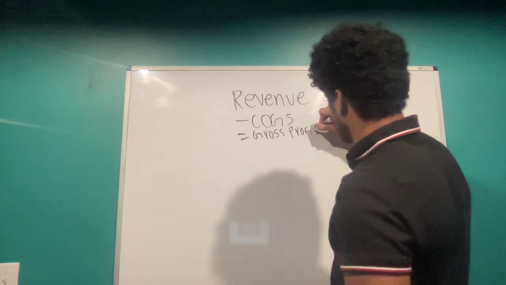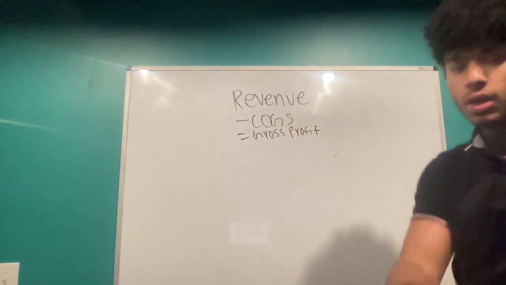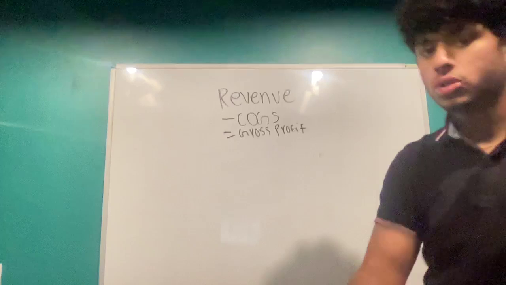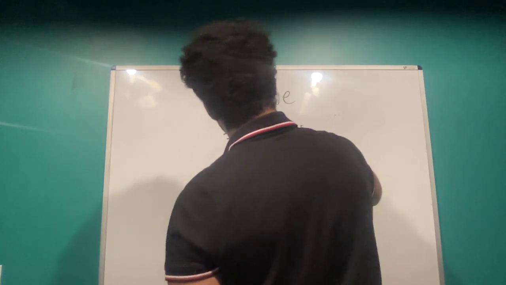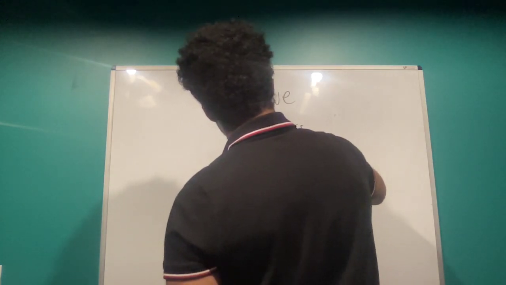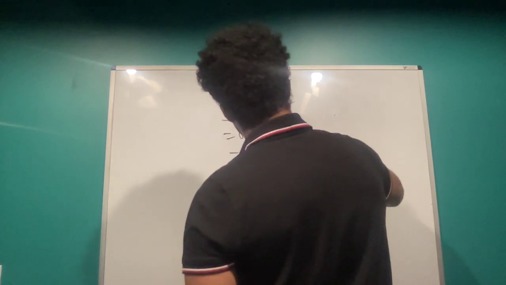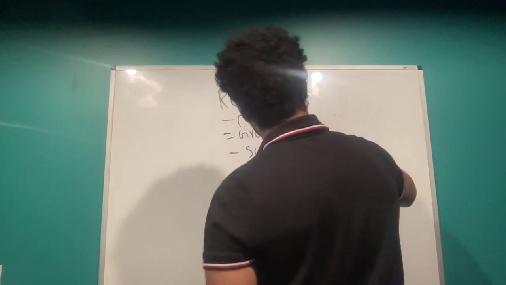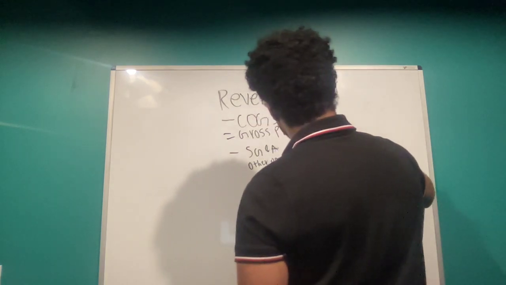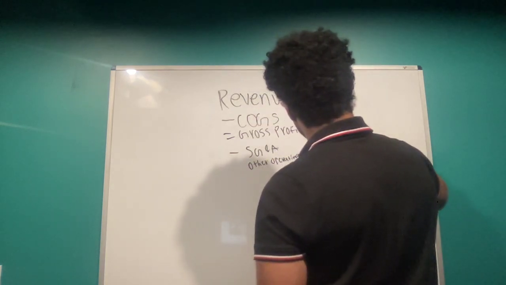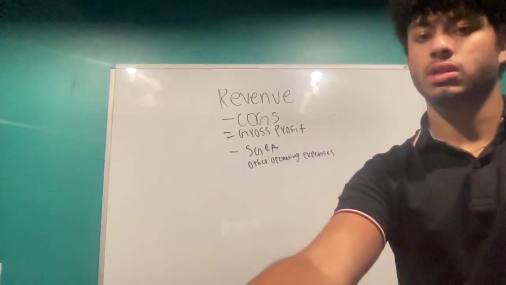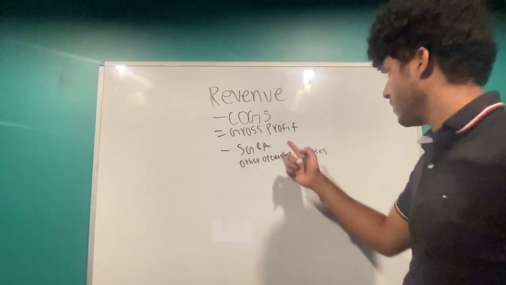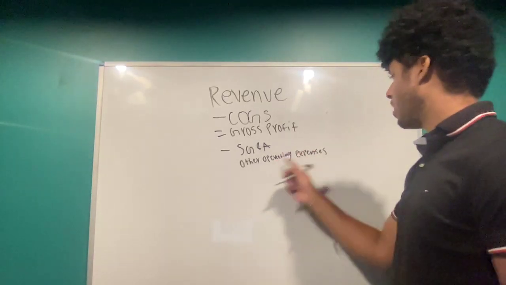Then what you want to do is subtract SG&A and other operating expenses. SG&A is basically just selling, general, and administrative expenses and other operating expenses.